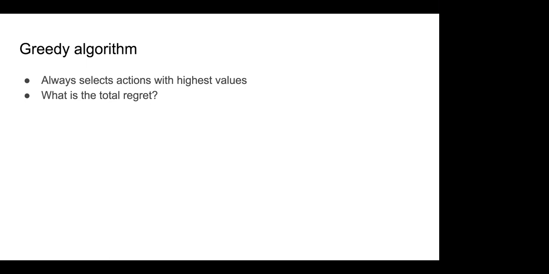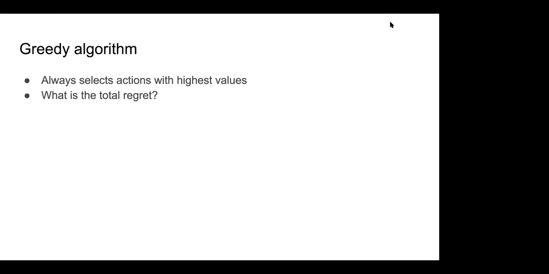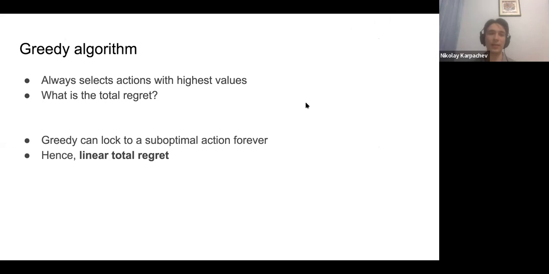It obviously will be high, so we won't get too far using this strategy. It will not be zero, it will be very high. The reason is that it can lock onto some suboptimal action forever. For example, if we are at some intersection and we go to the left, we get $1. If we go to the right, we get $1,000. And if we go straight, we get $0.